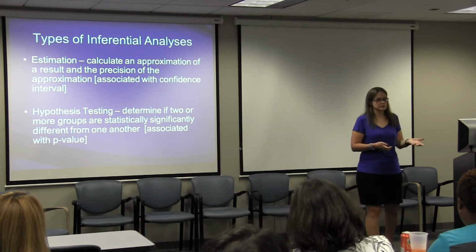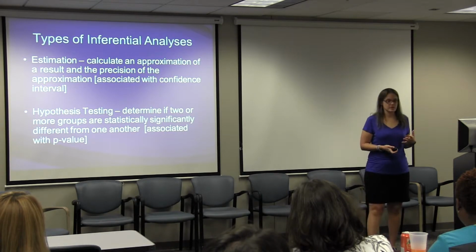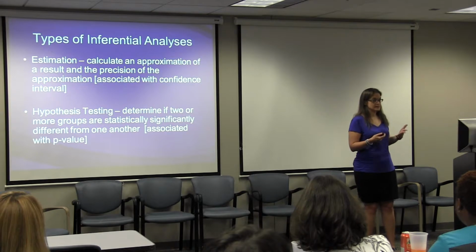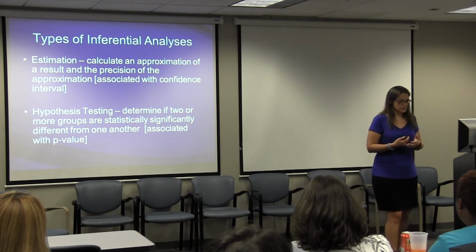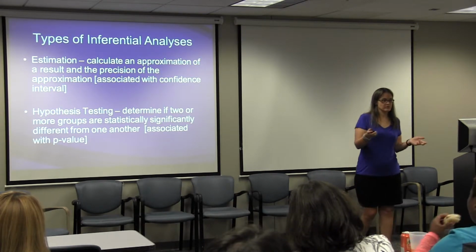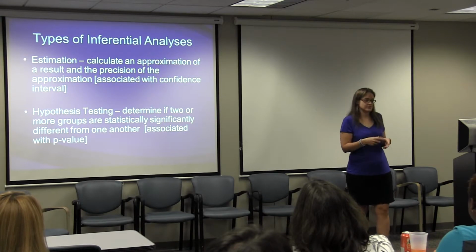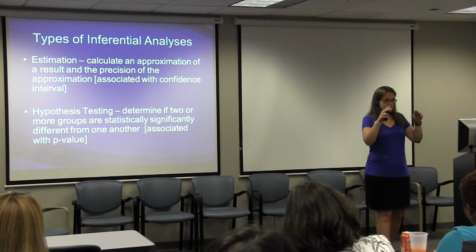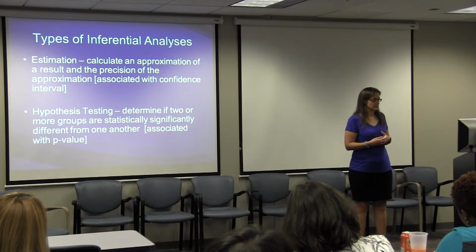What proportion of patients experience this? And it's usually associated with confidence intervals. So the answer might be something like, the complication rate was 1.2%, and then you might see a confidence interval around that that tells you how good our estimate is. If we came up with 1.2%, how likely is that to be true of the population?